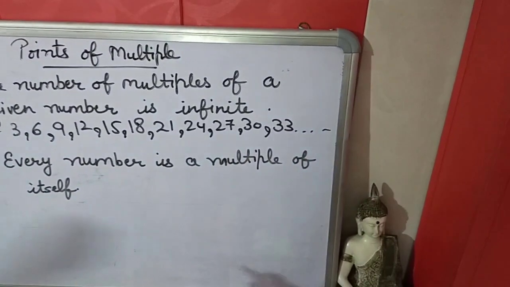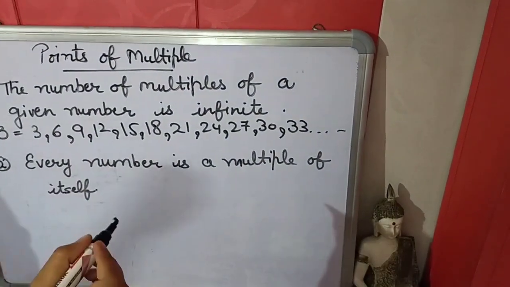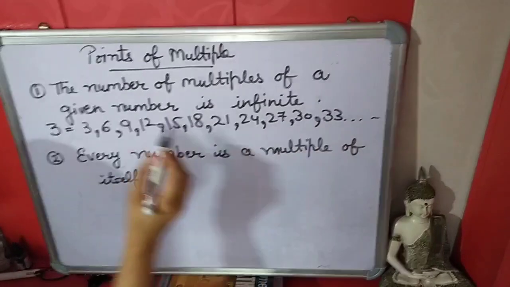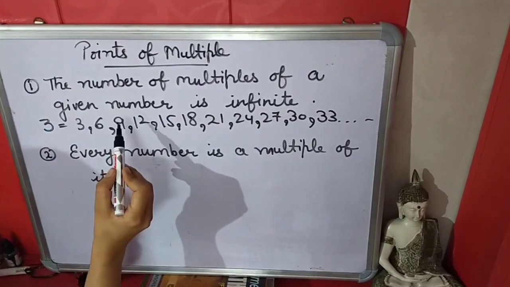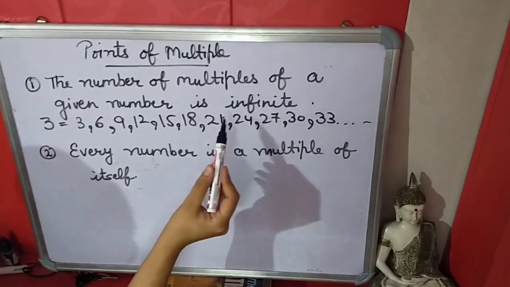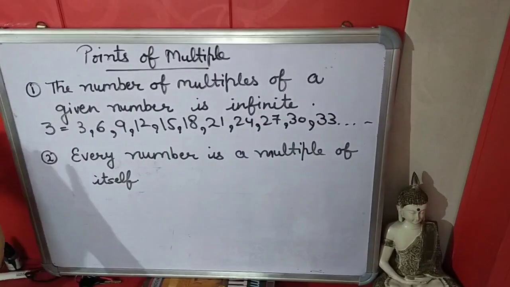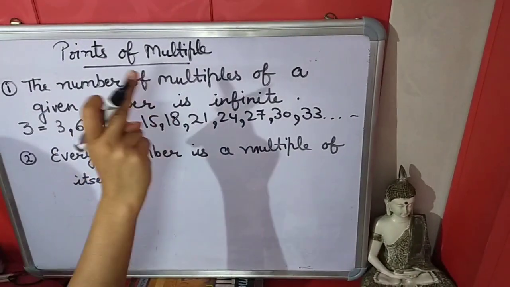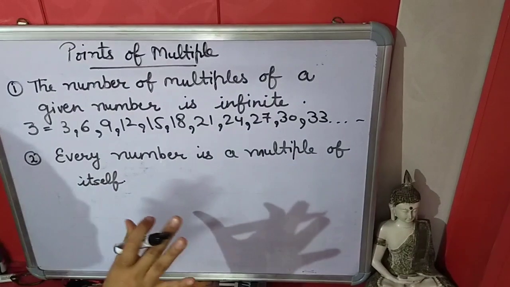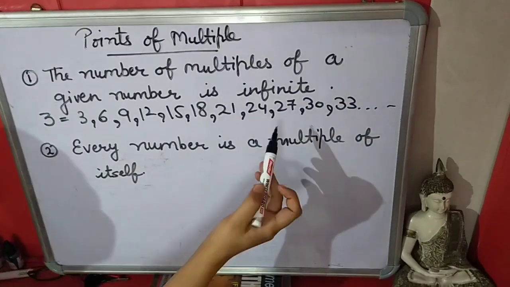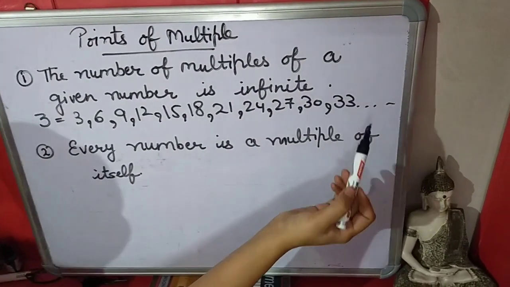It will go further. It will go to infinity. So the number of multiples of a given number is infinite. And in factors, the number of factors of a given number is finite. Multiples of a number never end.